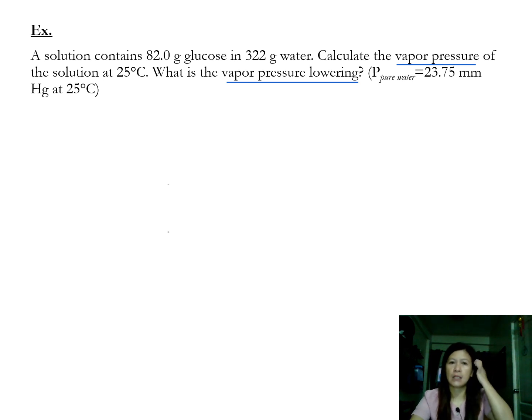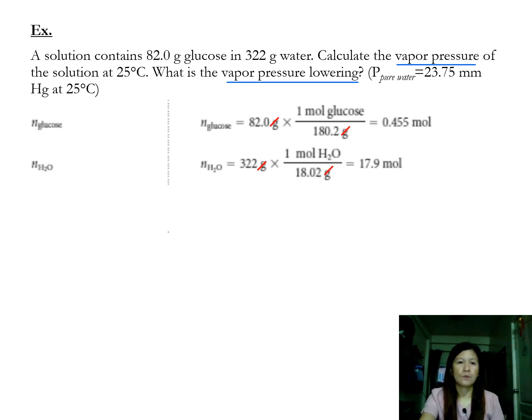Since there is a solute in the given solvent, that's 82 grams of glucose dissolved in 322 grams of solvent, we assume a lowering of vapor pressure, because that's how Raoult's law explains the effect of solute particles on the vapor pressure of a solvent.